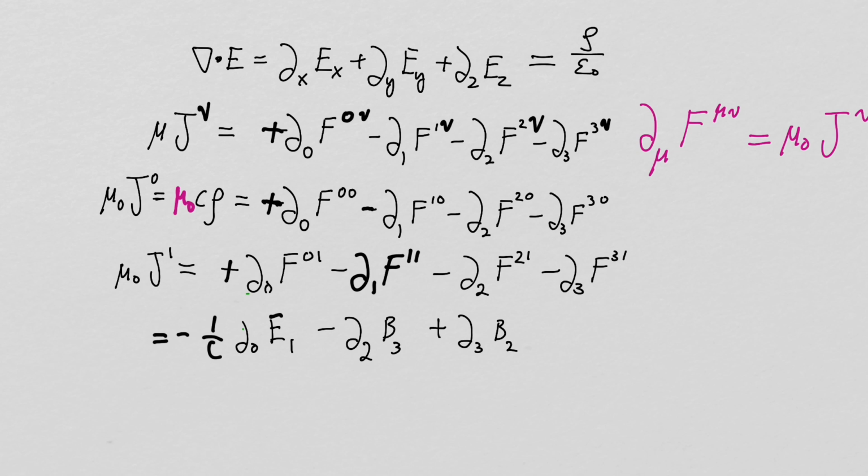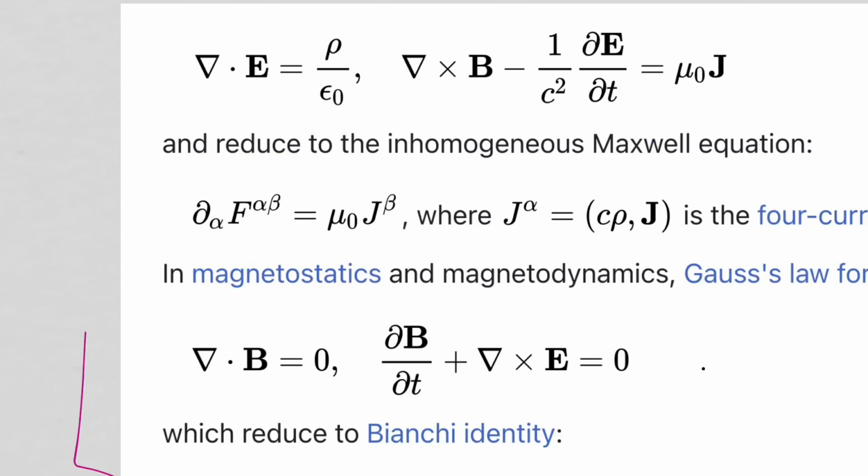And so it looks like we are now finding the x1 component of the curl equation for the magnetic field. Specifically, if we are claiming that these two equations are bound up in here, this equation is a vector equation. You have a vector on the left, you have a vector on the right, and this is a vector term. The time derivative of a vector is still a vector.